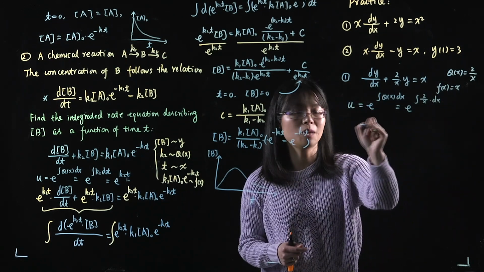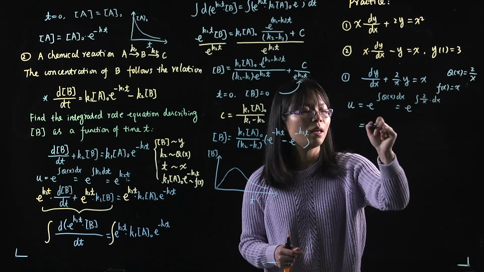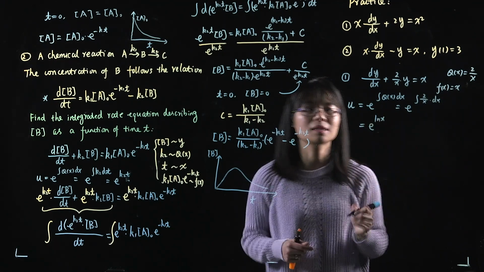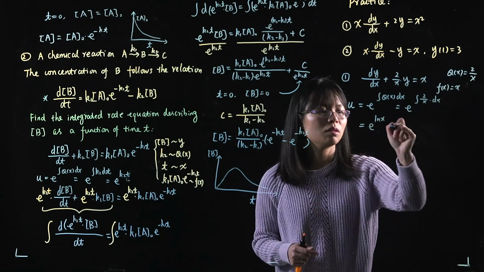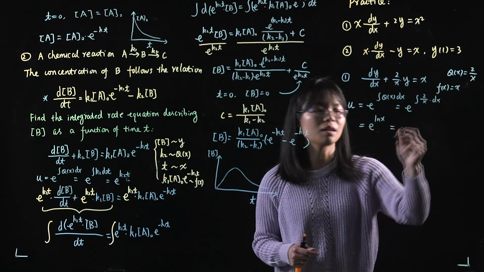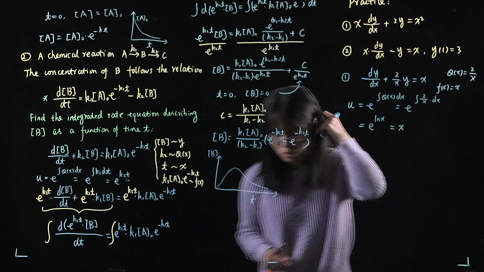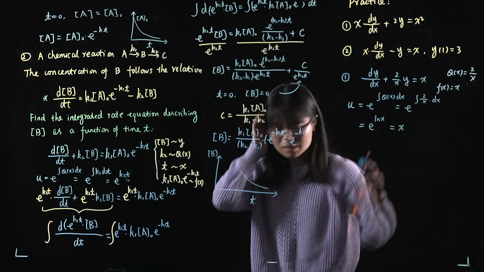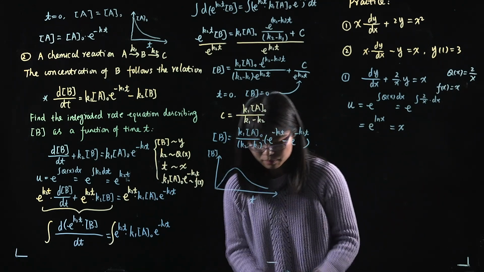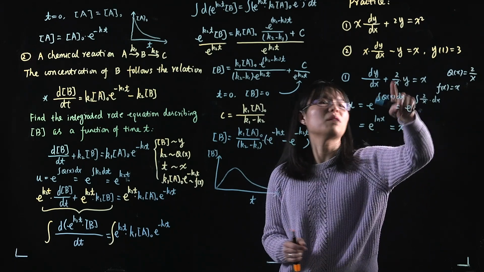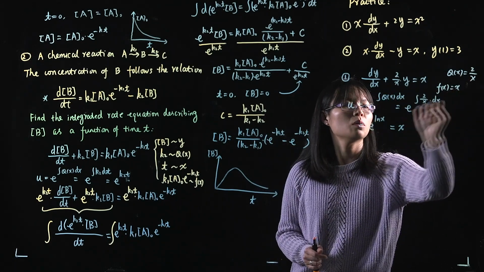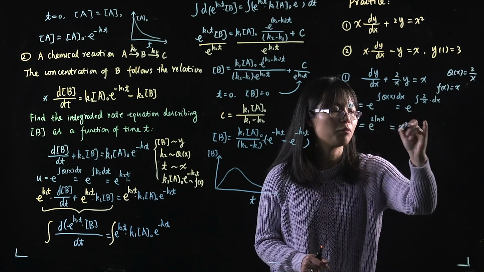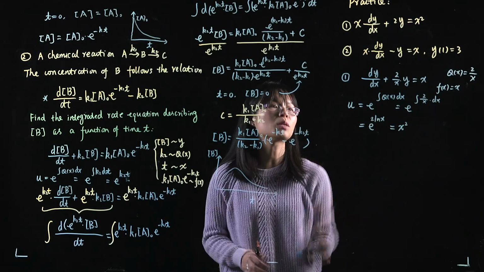You should be able to solve this integral very quickly, and we get the exponential of 2 log x. Noticing that the exponential and the log cancel, do not forget about the 2, so that will give me x squared for u, the integrating factor.